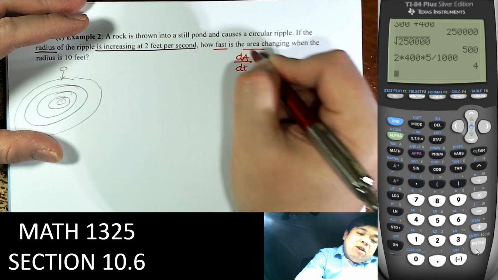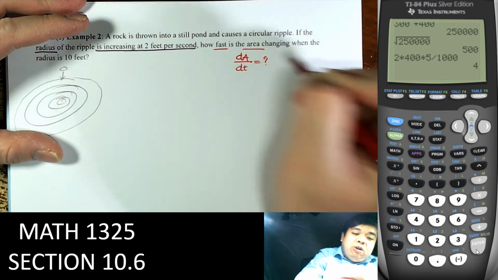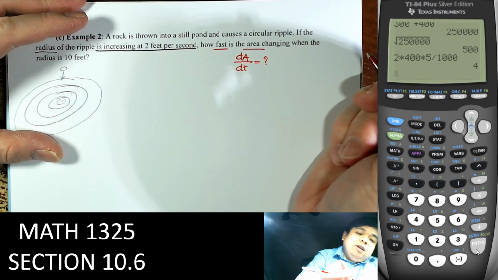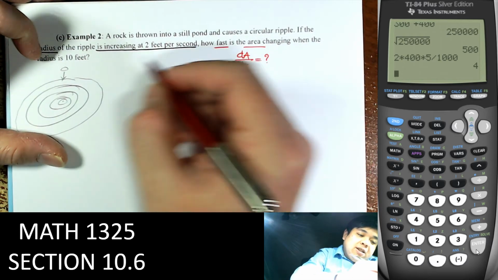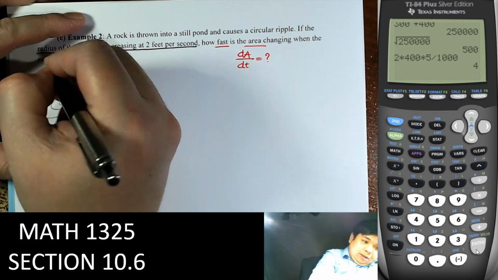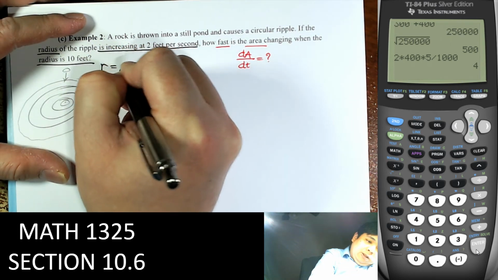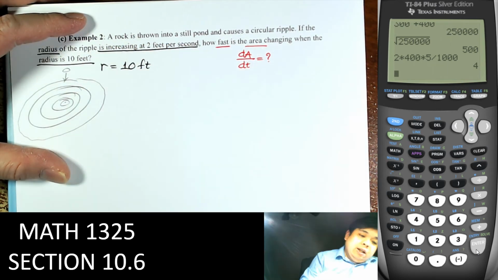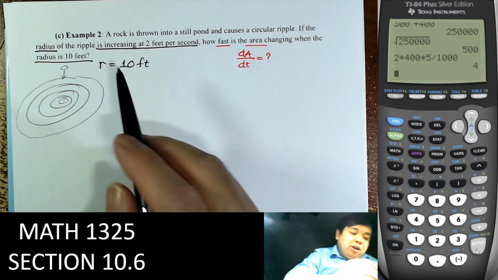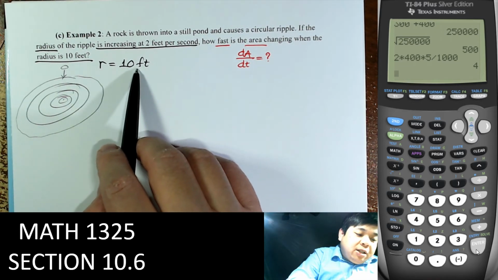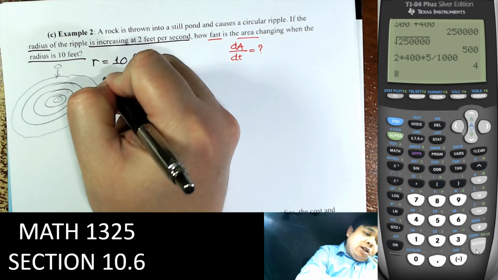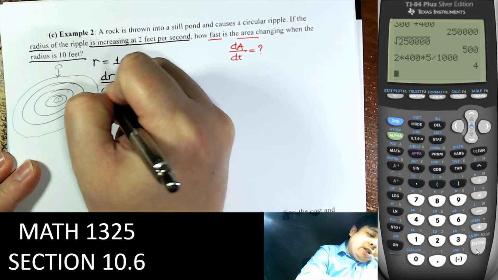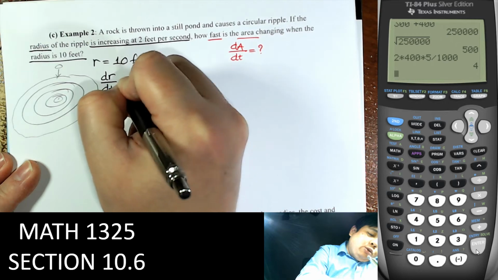How fast the area is changing? We don't know that. When the radius is 10 feet. The radius is 10 feet and the rate of change of the radius is 2 feet per second. So we can say dr over dt is 2 feet per second.